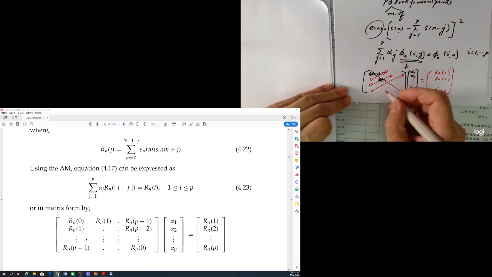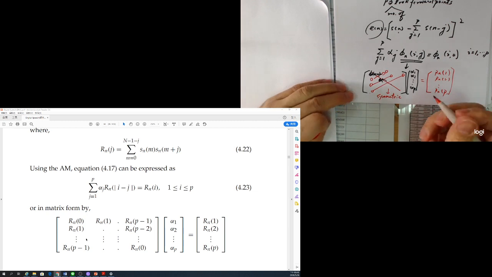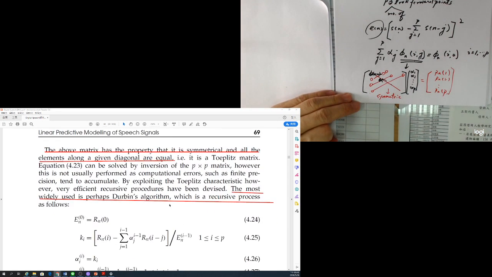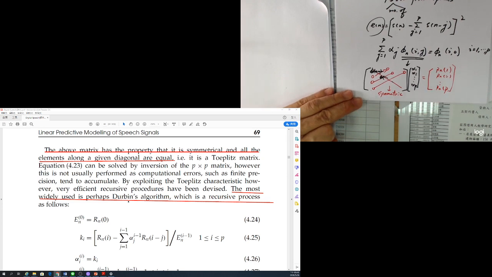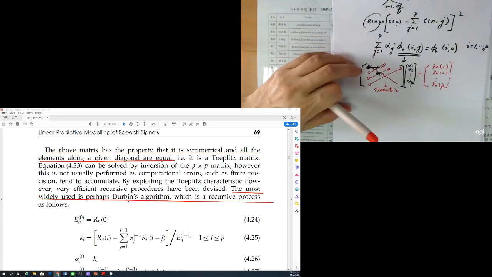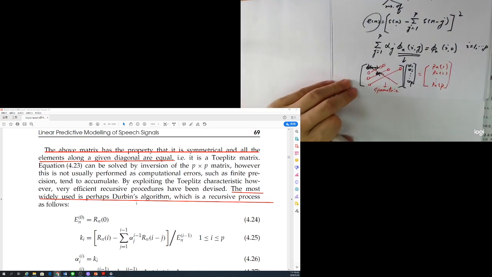So this matrix is a symmetric matrix. We call this matrix a Toeplitz matrix. So they can use the Durbin method to solve this problem.